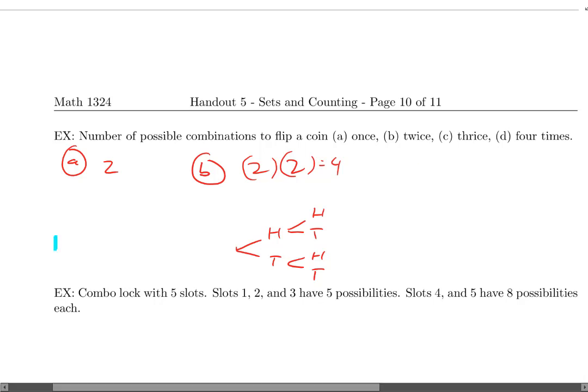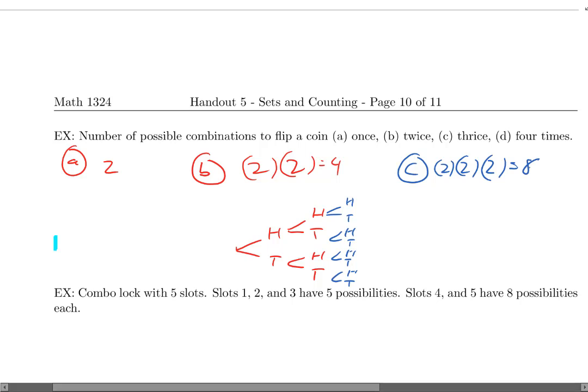Now for part C, we're doing it 3 times. That would be another flip of the coin, and note that would be 3 times. So we have 2, 2, 2, which gets us 8.